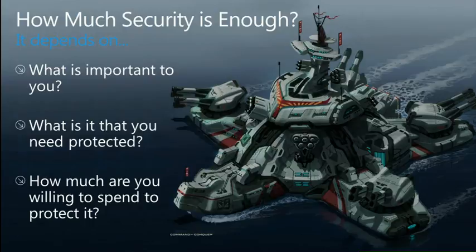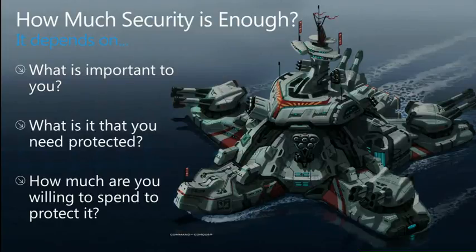I would just drive it into work, get out, close the door, and walk into the building. I wouldn't even lock it. And people would make fun of me. They'd say, you're a security guy, why don't you lock your car? And I'd say, I've got nothing to protect. Go ahead, steal my car. It's worth more to me if you stole my car than it is to me having it in the parking lot. So you want to keep in mind what is important to you.